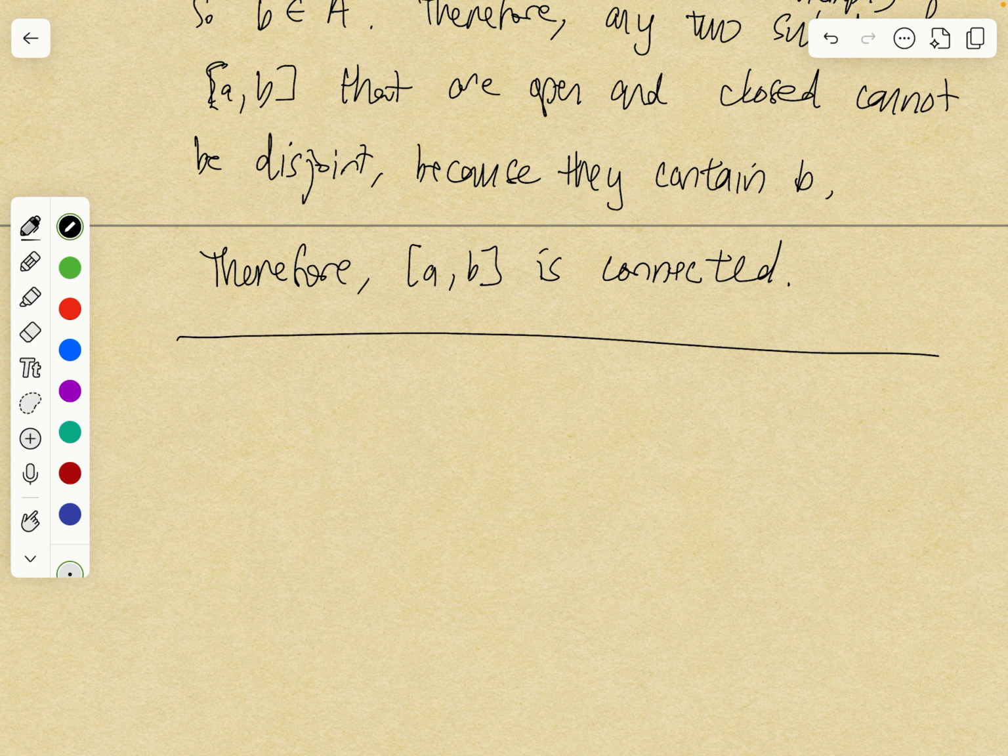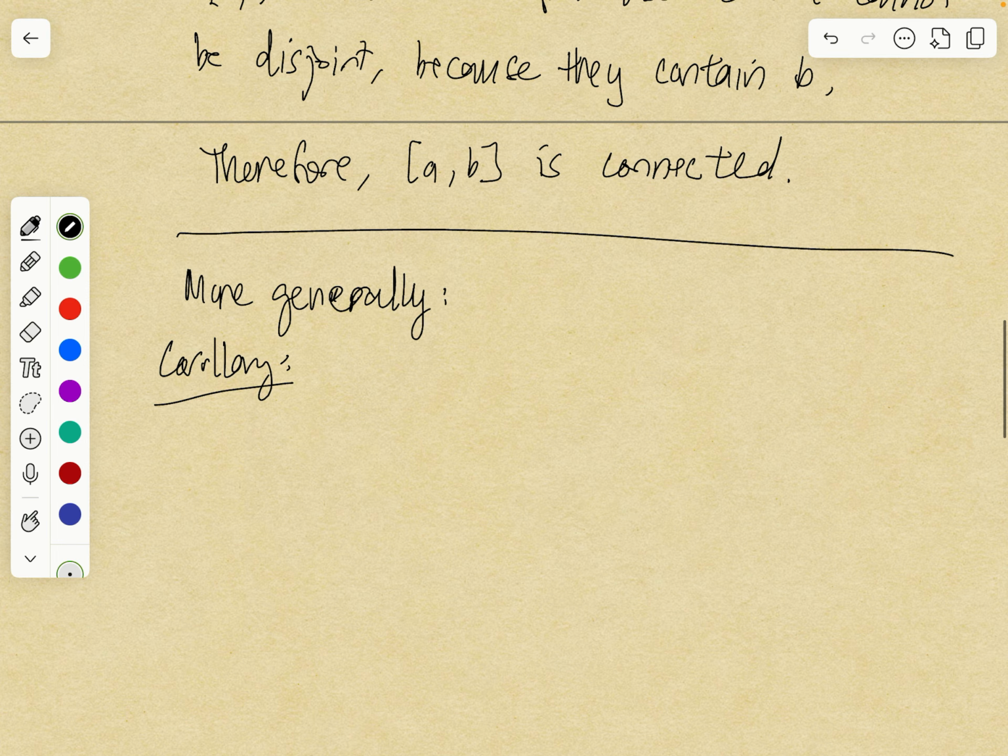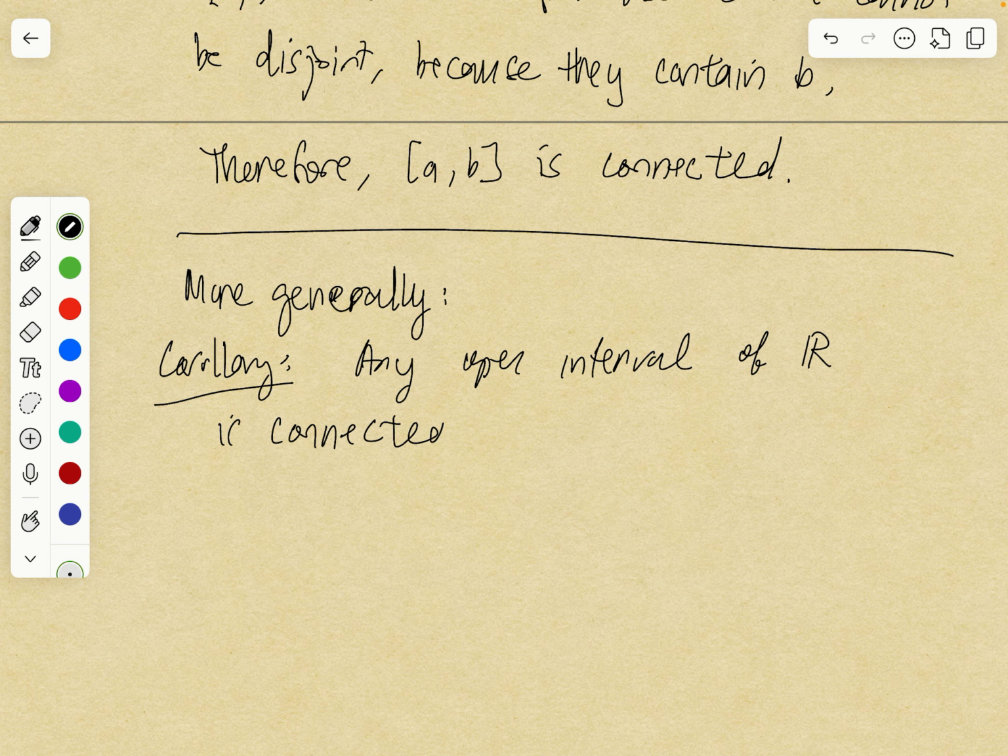And we can actually use this to prove a more general fact. More generally, we have a corollary, which is that any open interval of R is connected. R itself is connected.